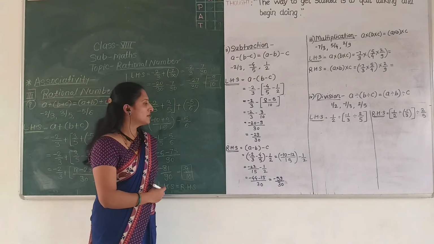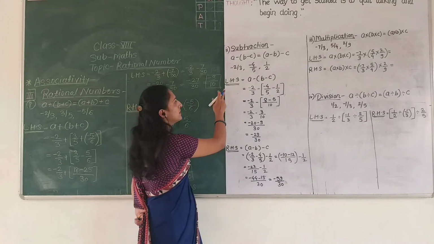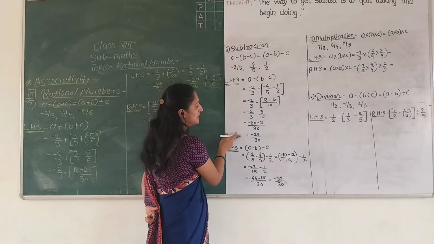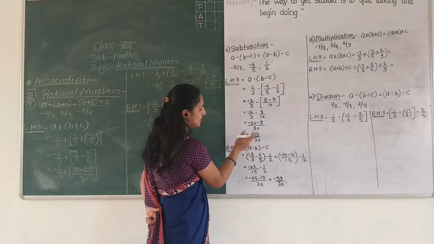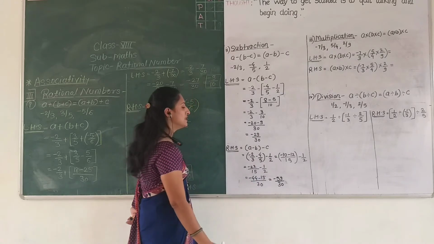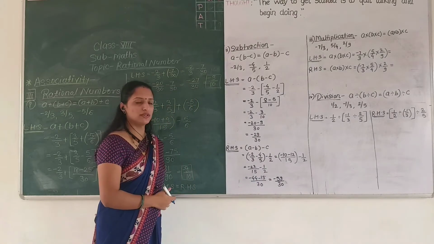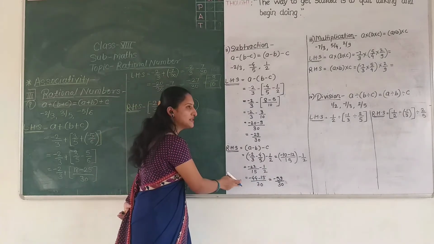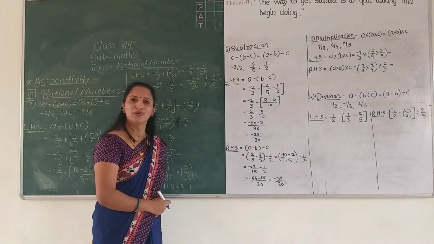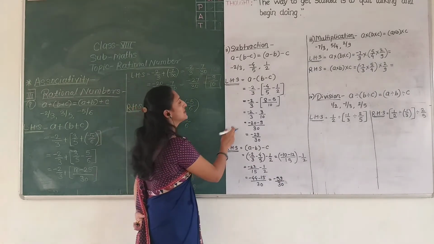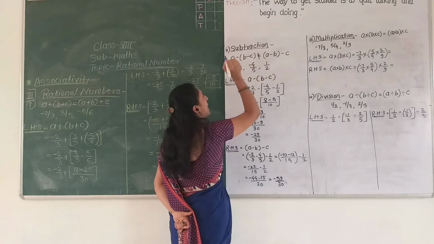Now look at the board. Students, here the value of LHS is negative 29 upon 30 and the value of RHS is negative 59 upon 30. Is LHS equal to RHS? No. Here LHS does not match with RHS.